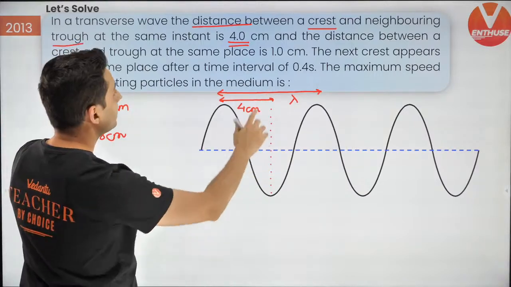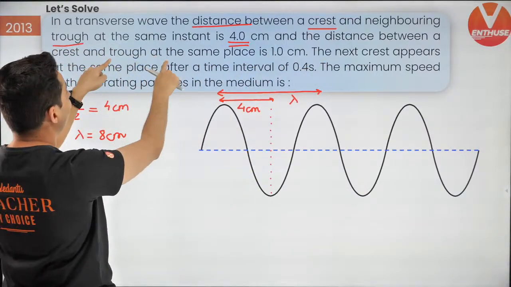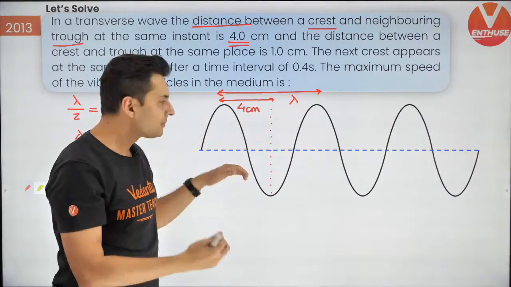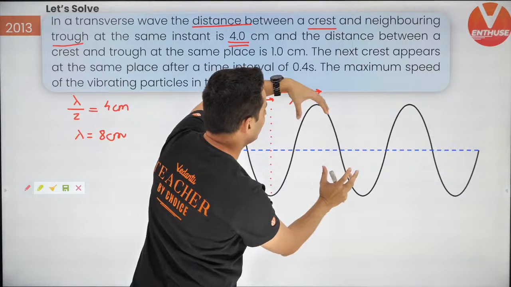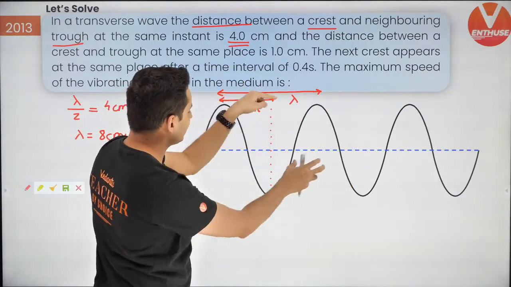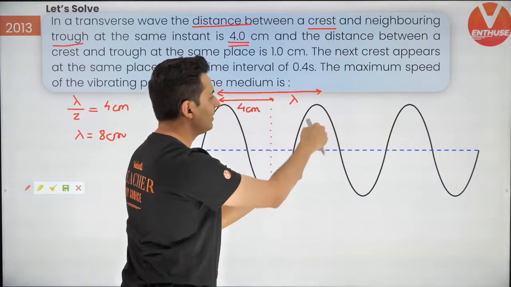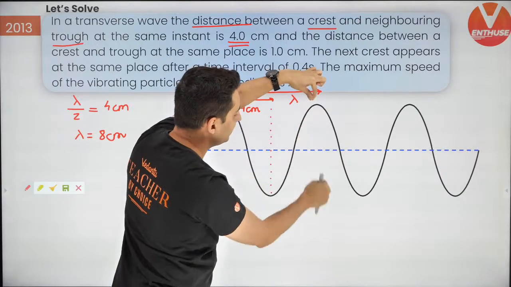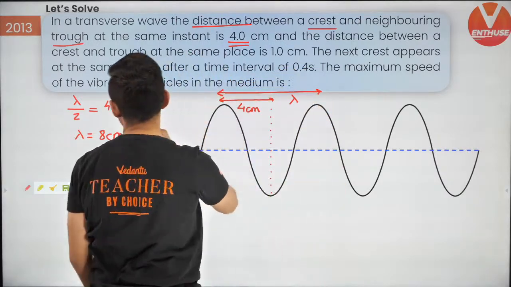Next up, the distance between a crest and a trough at the same place. Now, I'll be like, how can it be at the same place? See, this wave is going to move. When this wave moves, the crest will be here and next a trough will come. For example, at this place, the crest is here. After some time, the trough will come. So this distance is what has been given.